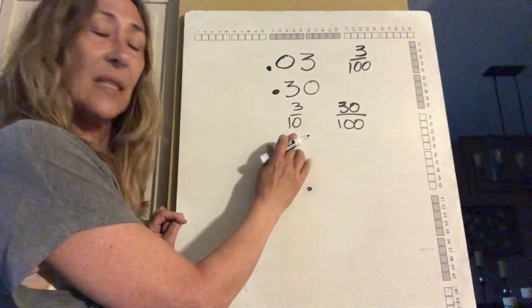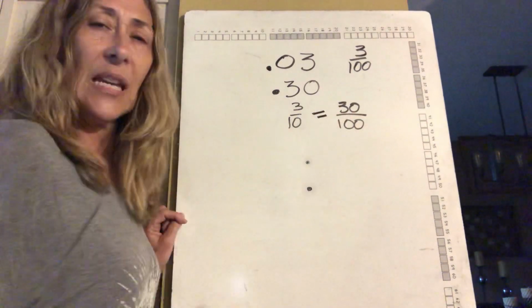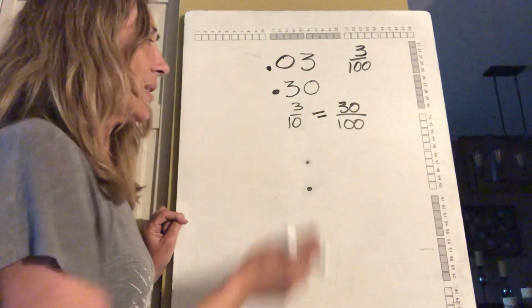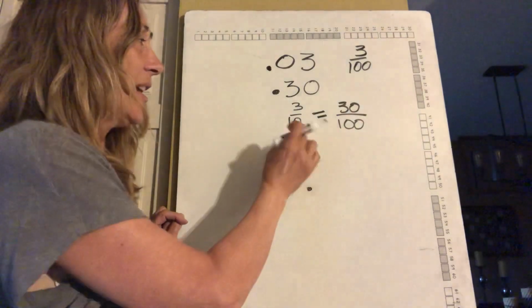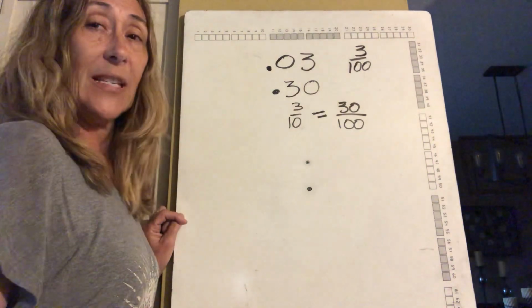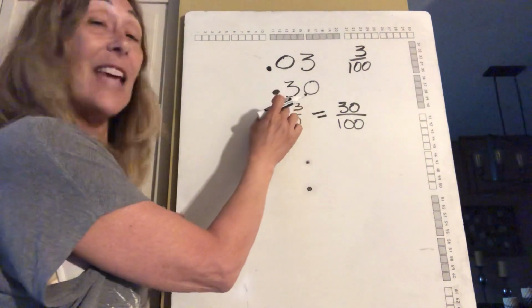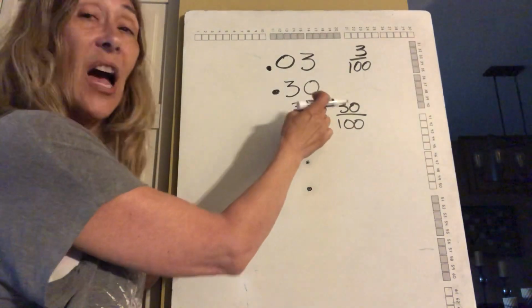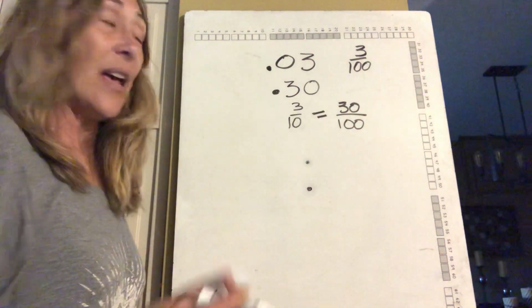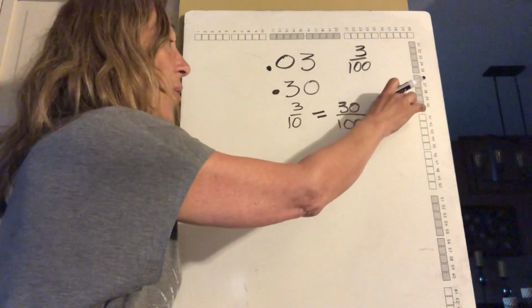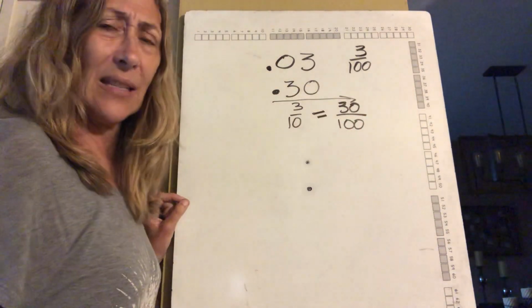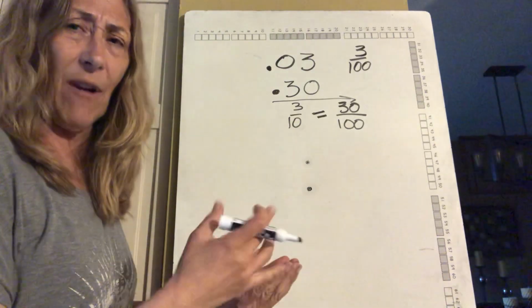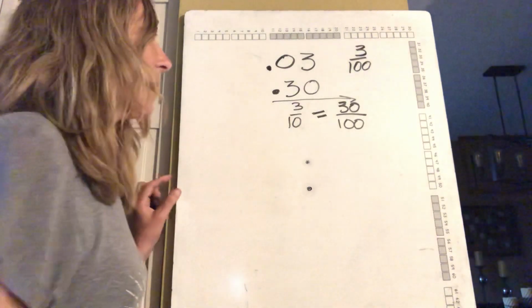But 3/10 we know is equal to 30/100ths because I could divide the top and the bottom each by 10, and I'd get back to 3/10. The 10ths place, the 100ths place. The further I go away to the right, the smaller it gets. So it's the opposite of our whole numbers that we've been working with.